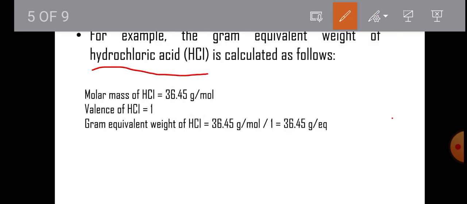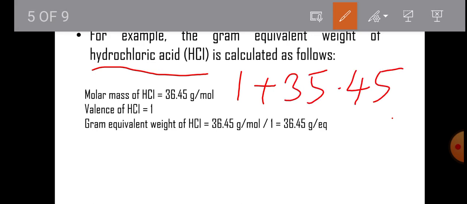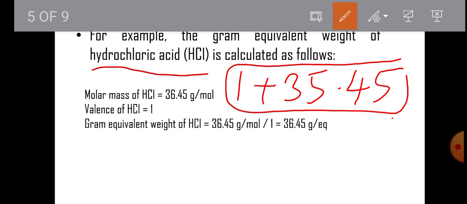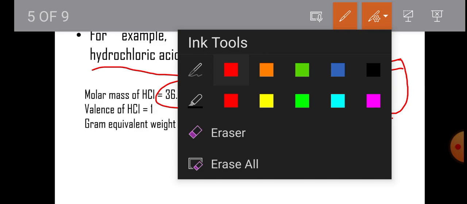The atomic mass of hydrogen is 1 plus the weight of chlorine, 35.45. The sum of these two values, the weight of hydrogen and the weight of chlorine, gives 36.45.